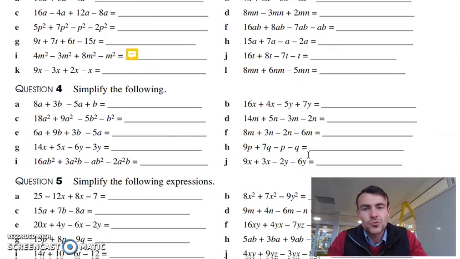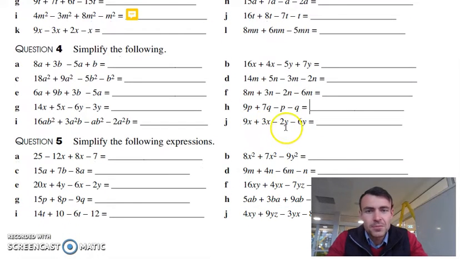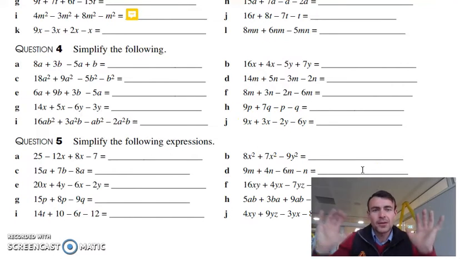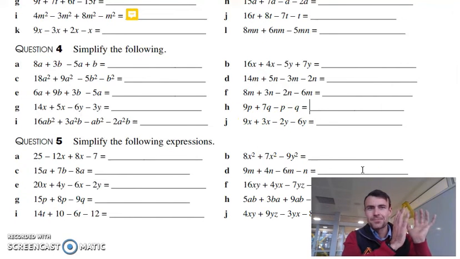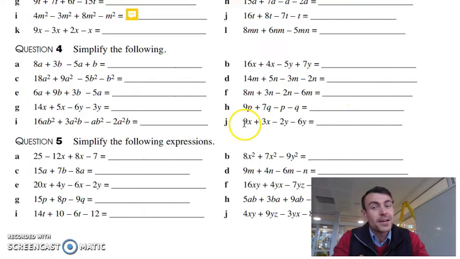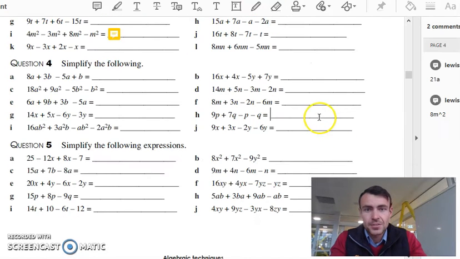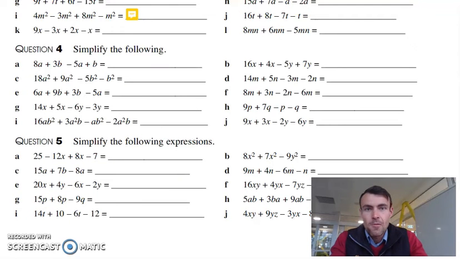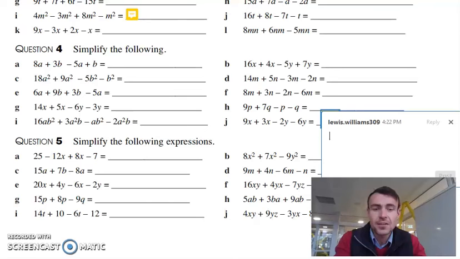But let's say I've got some trickier ones. Maybe there's some x's and y's mixed in together. Well, I keep all my x's together, and I keep all my y's together. So if I have 9x plus 3x, I keep them together and I get 12x.